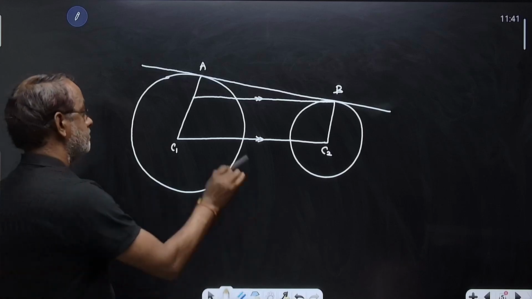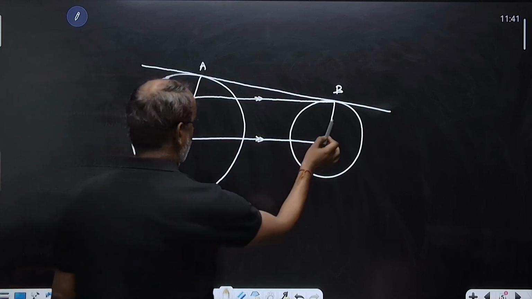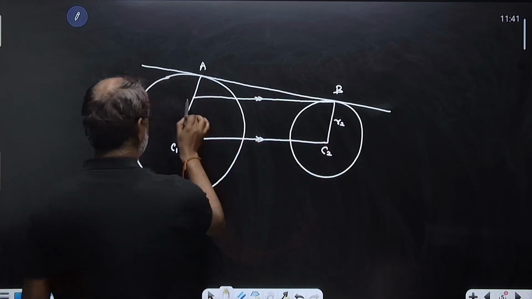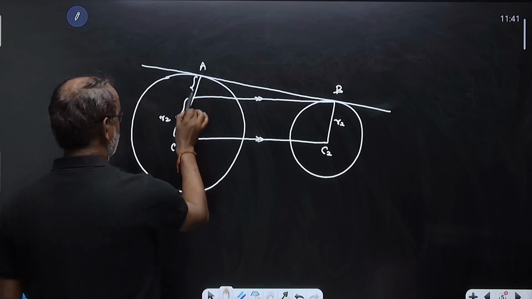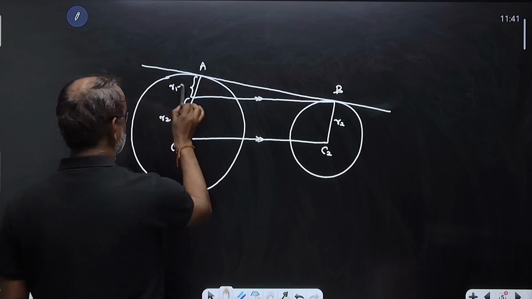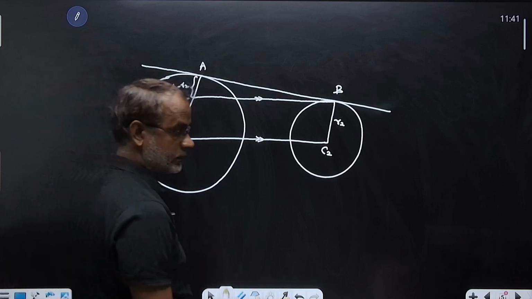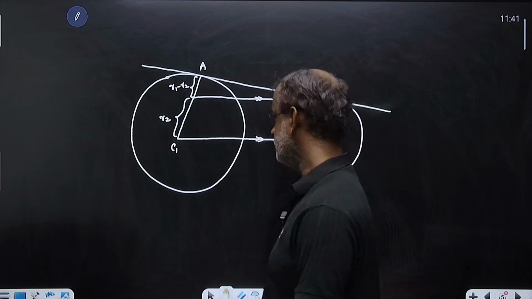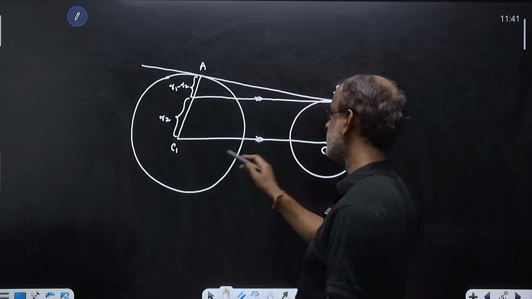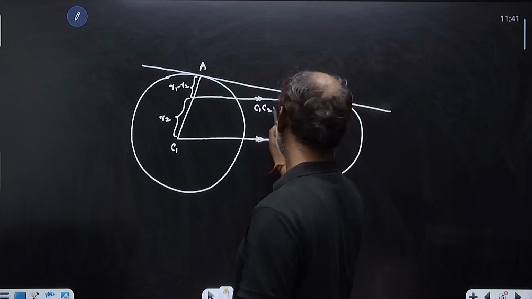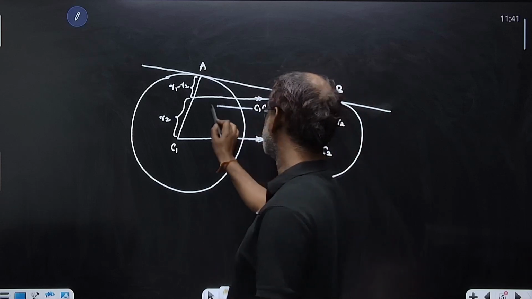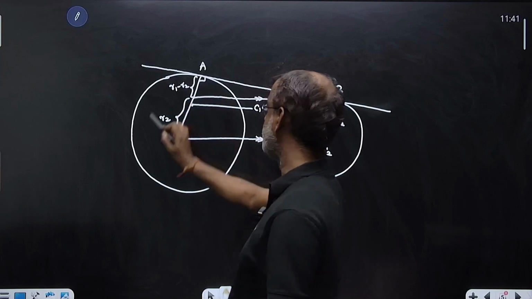Okay. So, if this is R2, this too is going to be R2. So, what is the remaining length? R1 minus R2. This you can very easily see is a parallelogram. This is C1C2. This angle is 90 degrees.